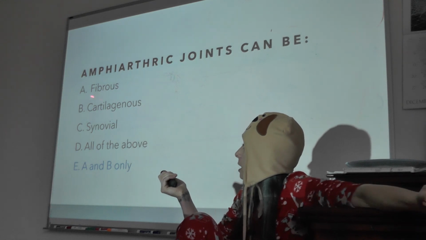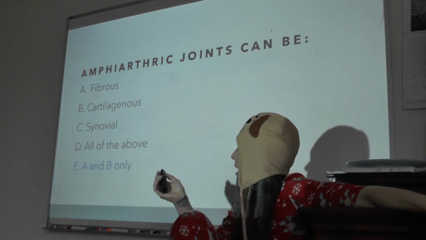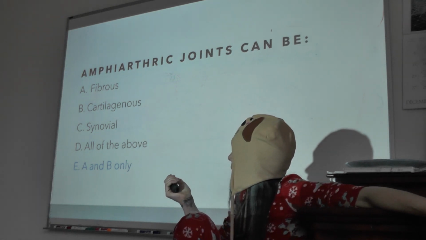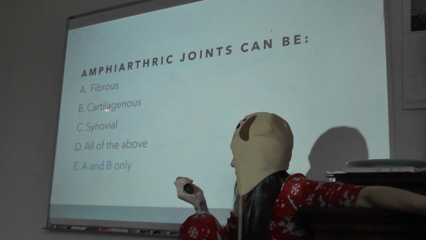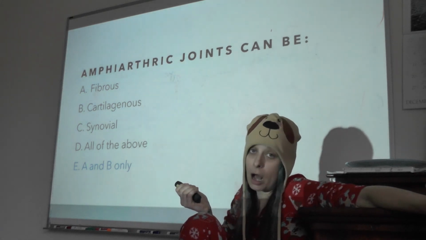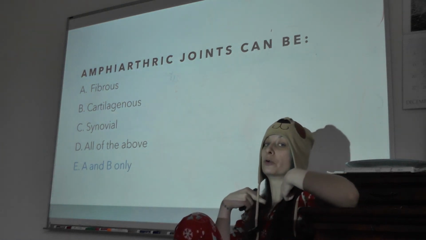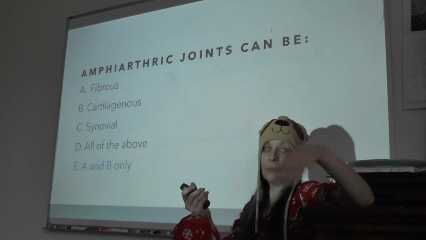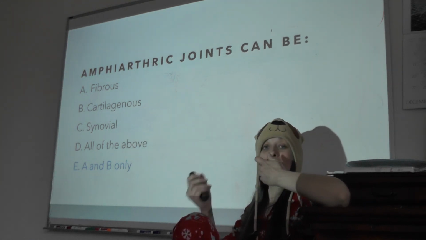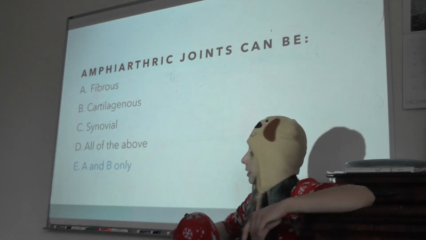Okay, now let's think of our cartilaginous joints. This is where we have cartilage between our two bones. If we have hyaline cartilage between the bones, what do we call those? Synchondroses. So our synchondroses we find between true rib 1 and the manubrium of the sternum. Synarthritic, no movement. The epiphyseal plate that we just talked about is a temporary synchondrosis that occurs during growth.